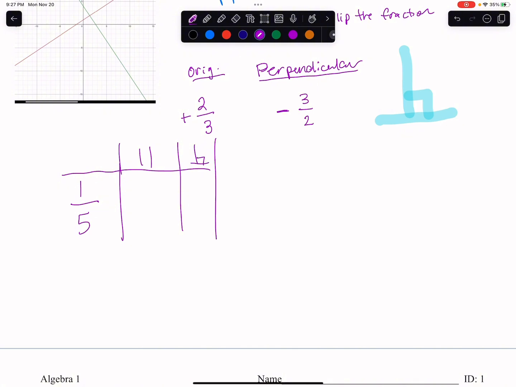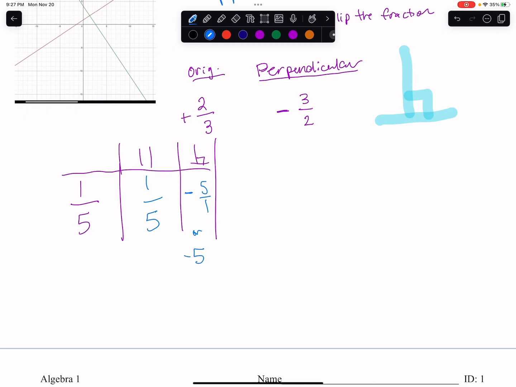Let's see. Because it's parallel, it means the same slope. That's easy, 1/5. Now perpendicular, I have to change the sign. Since it started out positive, the sign's going to be negative. And instead of being 1/5, it's now 5/1, or you can just put 5. So it's -5.